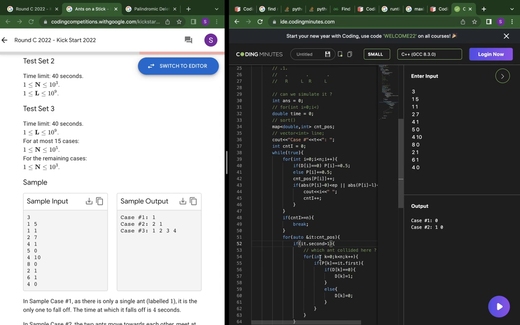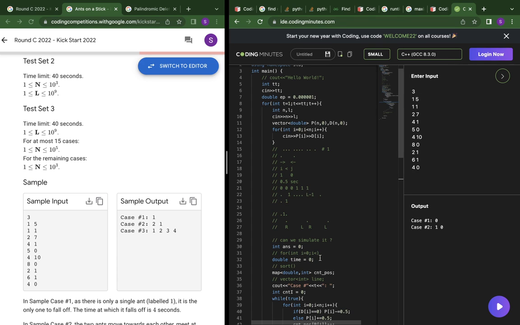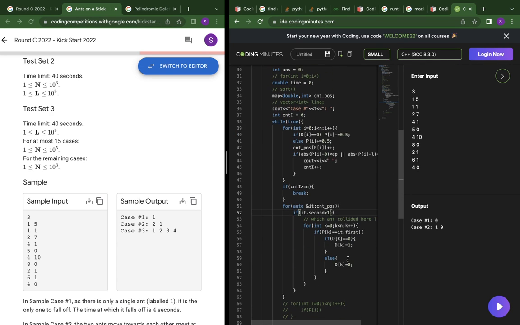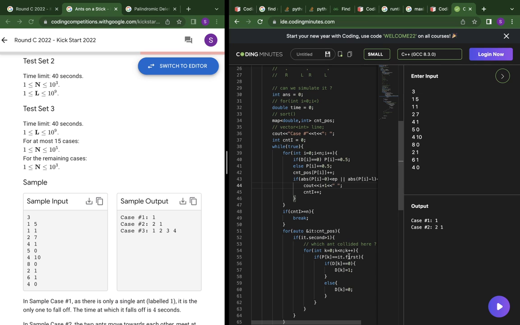Why is it not showing case number 3? Oh, where is case number 3, my fellows?